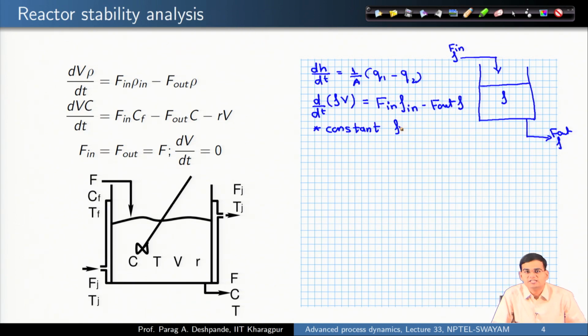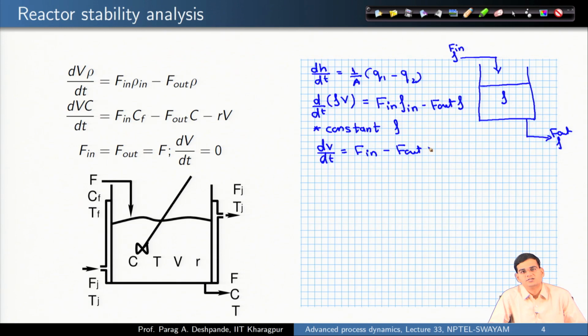When you assume that this does not happen, which means that you have a constant density, then under such a case I can simply write d v by dt is equal to F in minus F out.